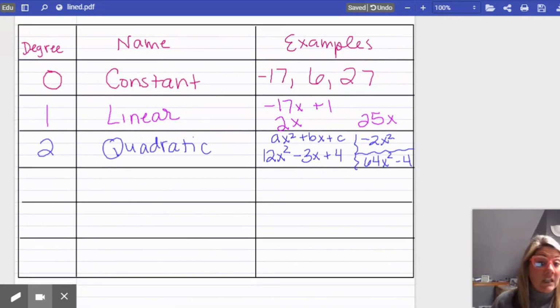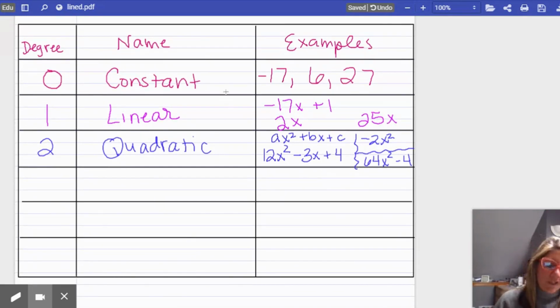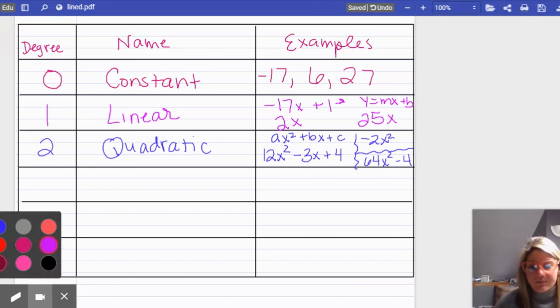I guess technically those are all expressions because there's no equals sign. Again, this is just the standard form. Similarly, slope-intercept form is, in my opinion, the standard form, which would be y equals mx plus b, where x is the only variable and that has an exponent of 1, which makes it a linear equation.